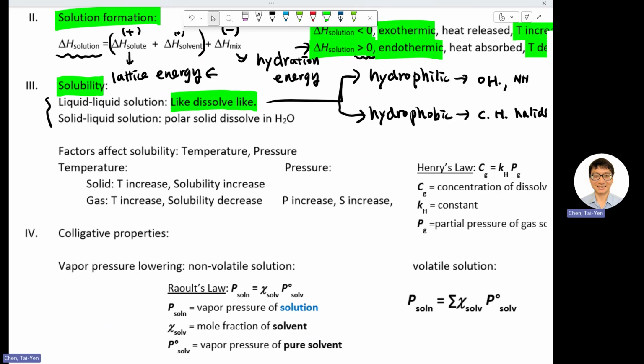H2. Nonpolar, how do you know? H2 is one H, another H, and in between they form a single bond, right?